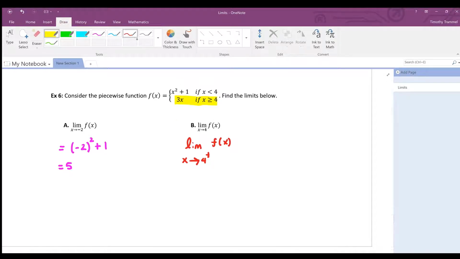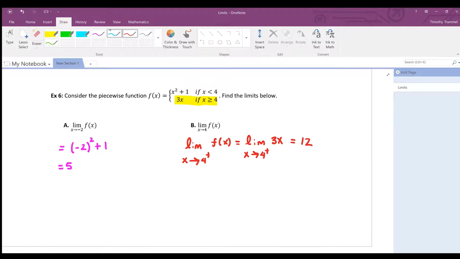So this limit is actually the limit as x approaches 4 from the right of just 3x. And this is just a polynomial whose limit could be found using direct substitution. So 3 times 4, that's 12.